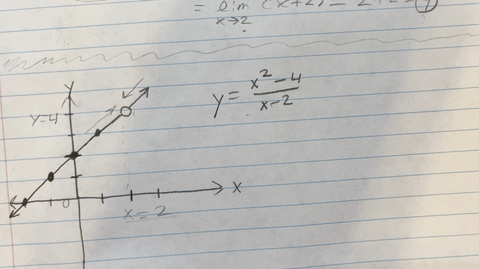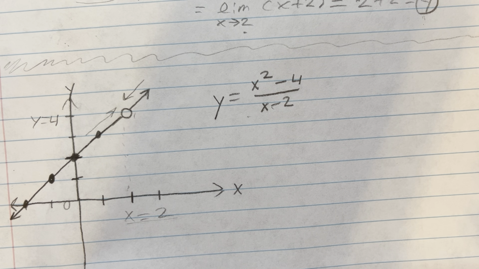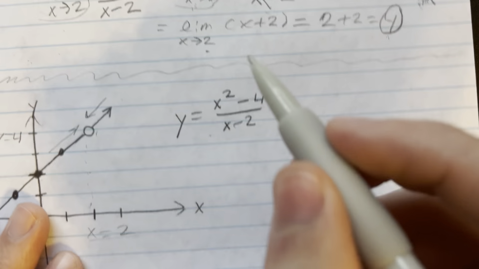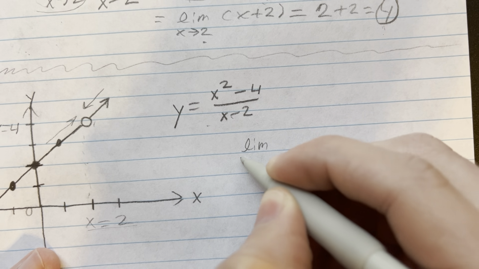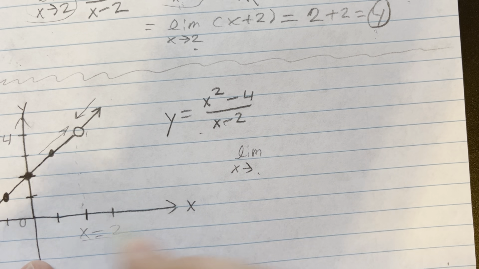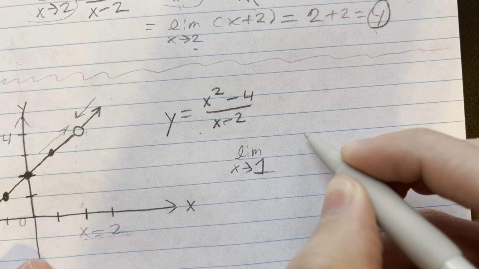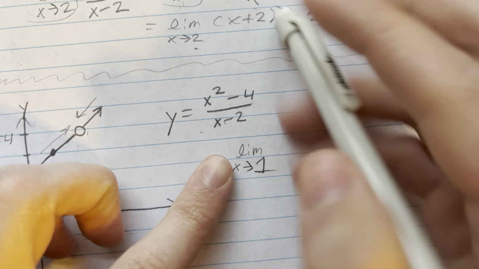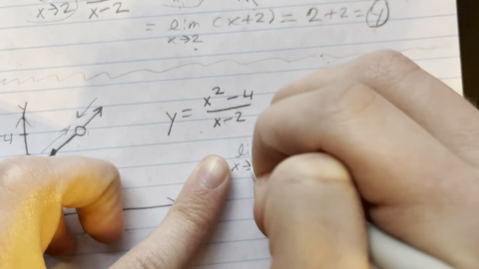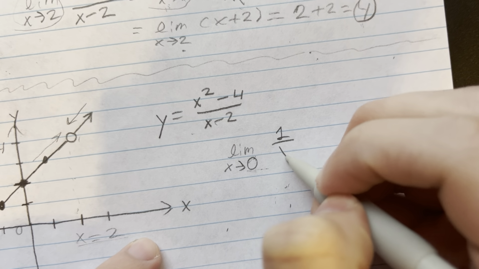So now you may be asking, why don't we have a vertical asymptote here? Good question. Ties back to limits. Remember, for vertical asymptotes, let's say we take the limit as x approaches 0 of 1 over x, right?